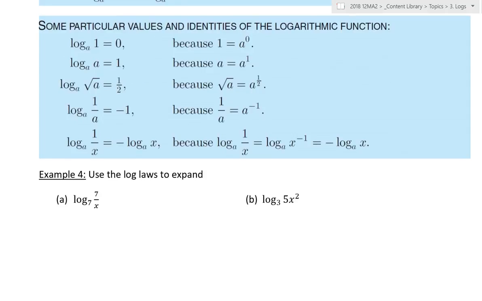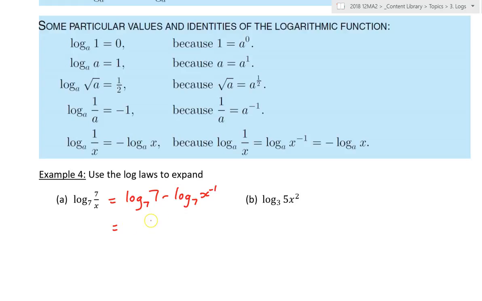Okay, but we use these properties to solve some equations. Remembering our log laws, we need to express these things in a way that we can solve them. So I'm going to rewrite this as equals the log base 7 of 7 minus the log base 7 of x to the negative 1, 1 over x.